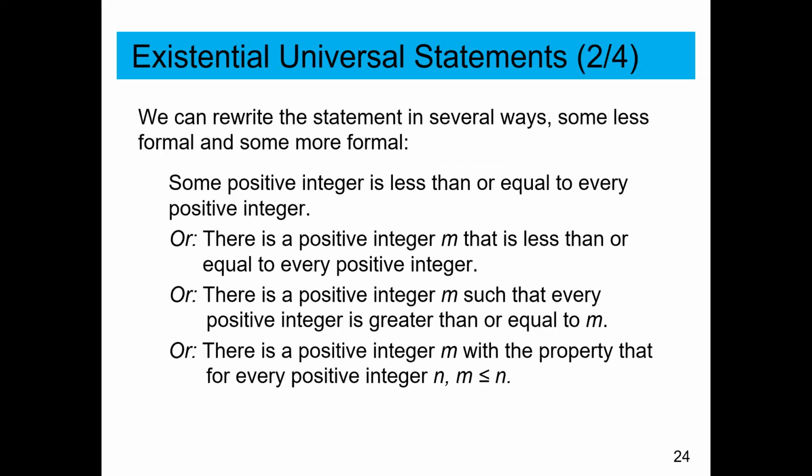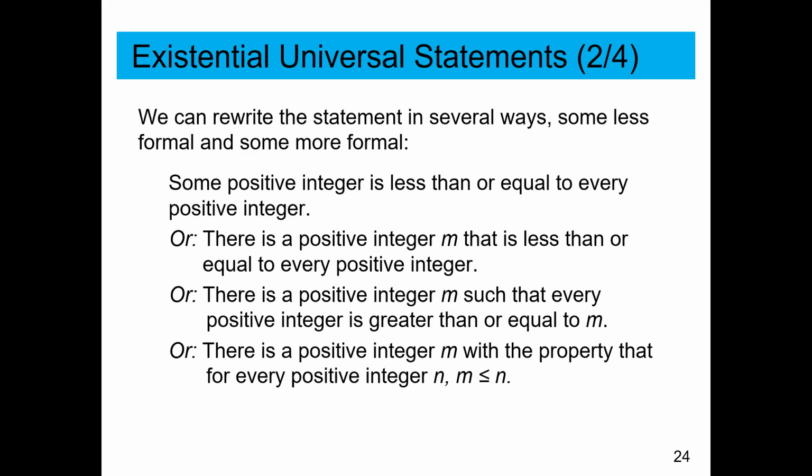Now, we can also come back and rewrite this a couple other ways. We can say there is a positive integer m that is less than or equal to every positive integer. Notice I'm adding an m into the situation. There is a positive integer m such that every positive integer is greater than or equal to m. Notice I switched it: instead of less than, greater than.